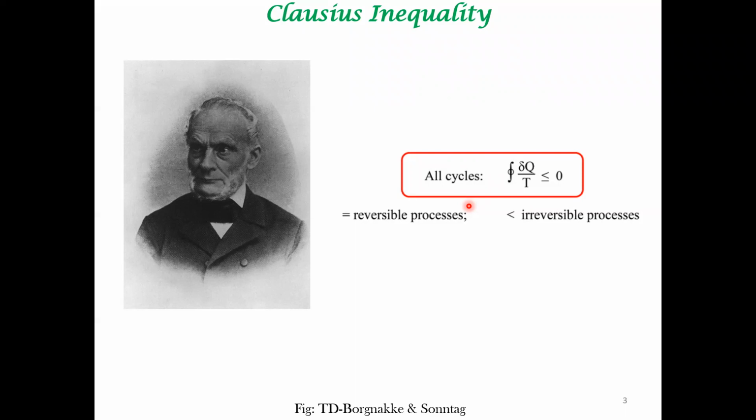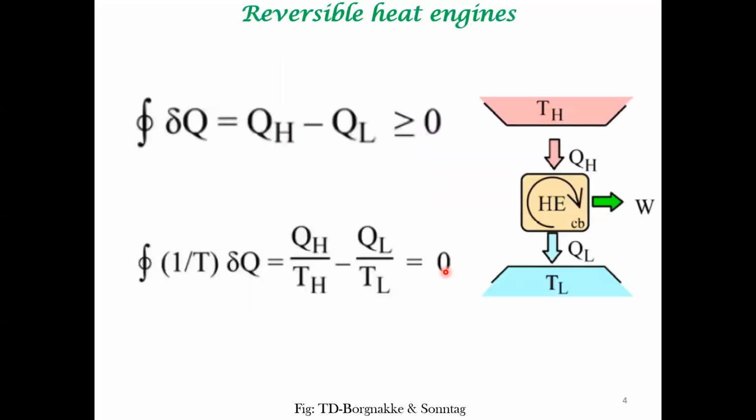He came up with an inequality which seems abstract, but when you analyze it, is not that abstract. This is the statement, but no point in trying to explain that. We'll see how Clausius arrived at that statement.